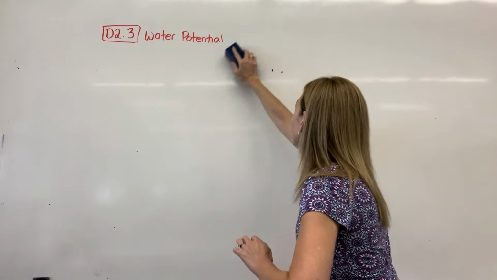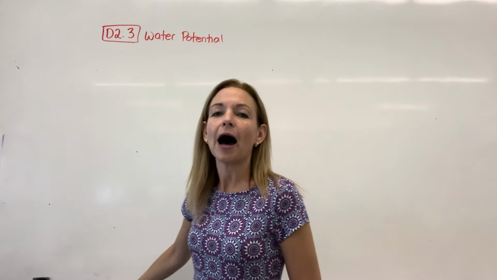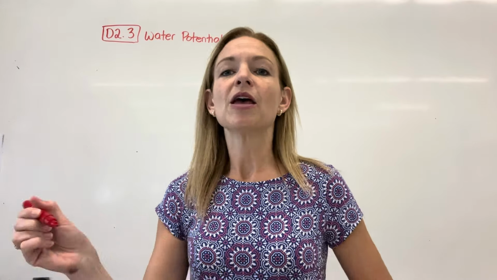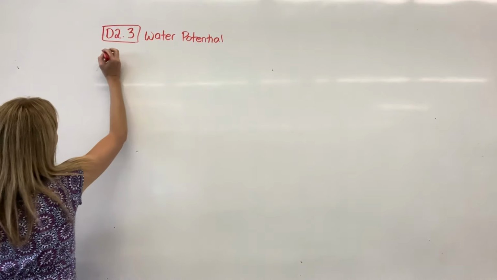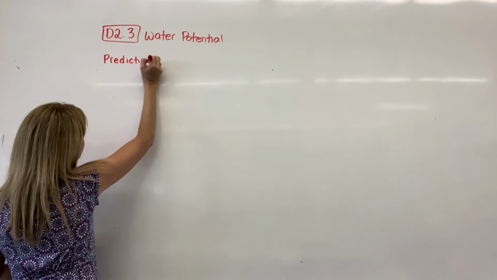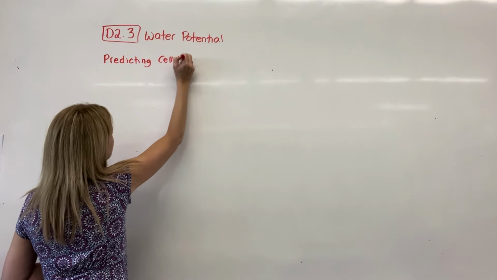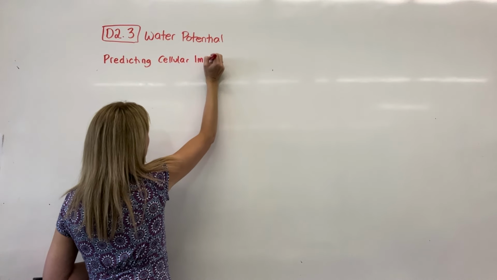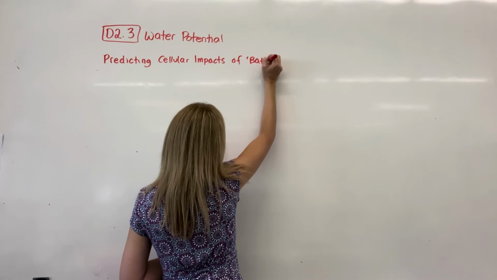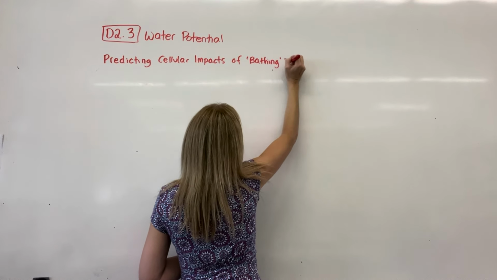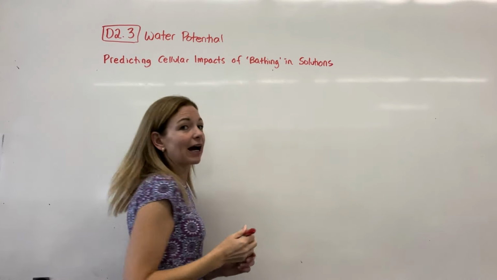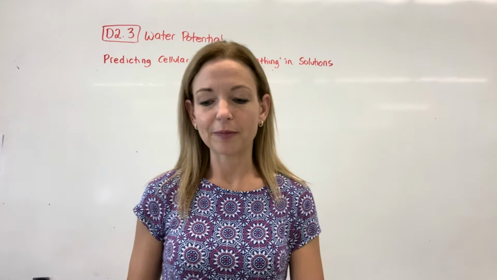HL, you need probably a quarter of the page at the end, just in order to cover some extra HL water potential stuff. So we're going to name this table Predicting Cellular Impacts of bathing, and I'm just using that term because that's the term the IB is using, to emphasize that idea that the cell is completely surrounded by it.